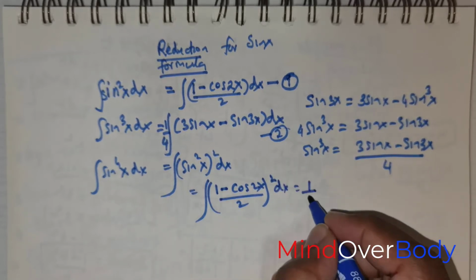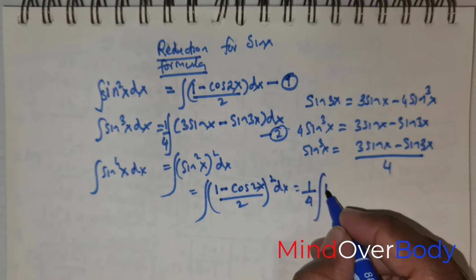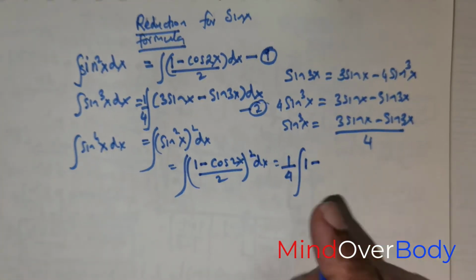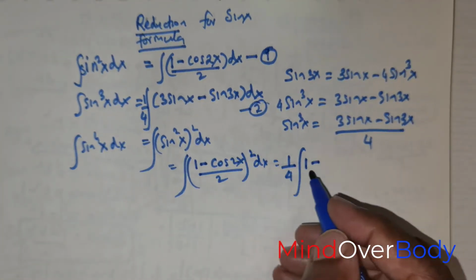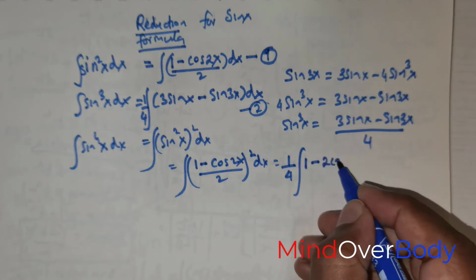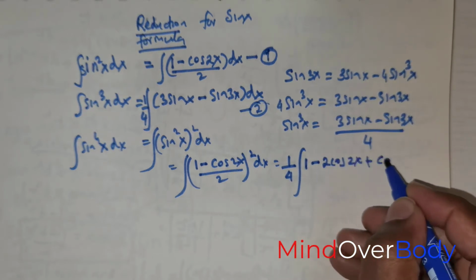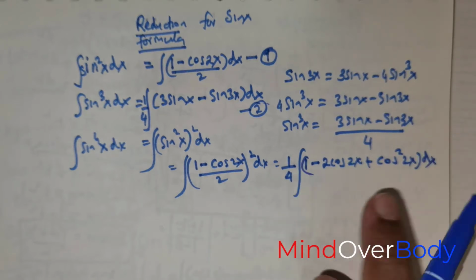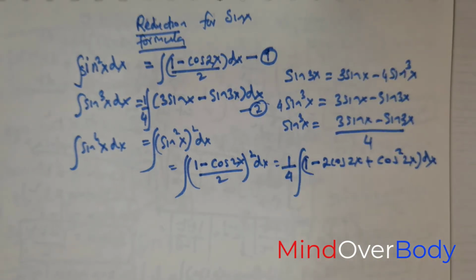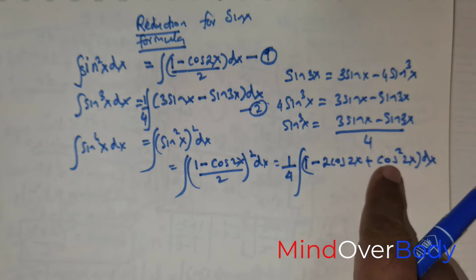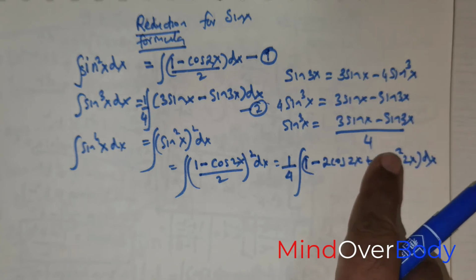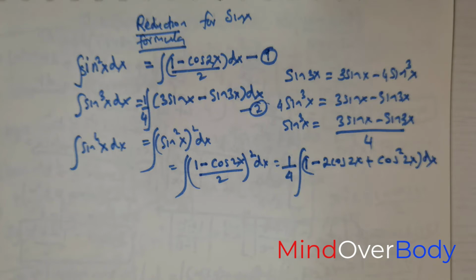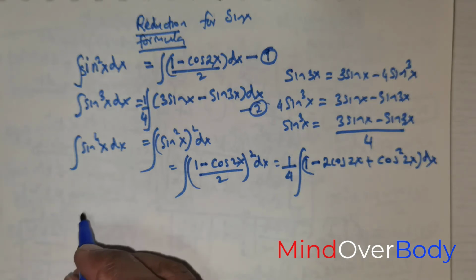Then I can expand this, as it is raised to the power of 2, so it's going to be (1 − 2 cos 2x + cos squared 2x) dx. So this again is easy to integrate, right?